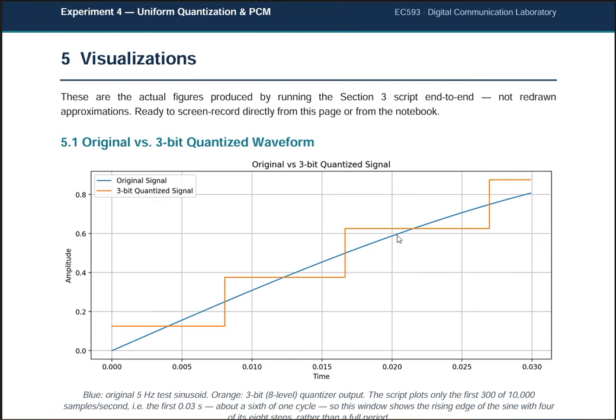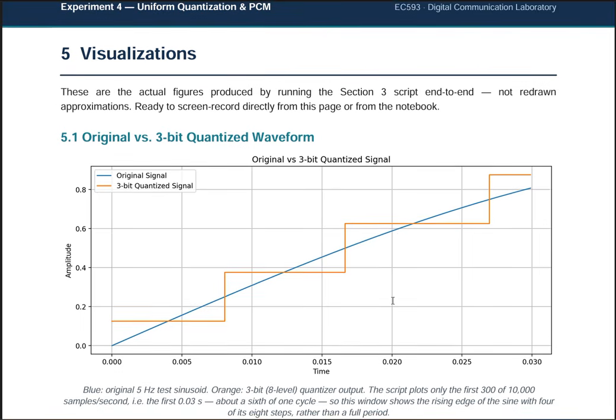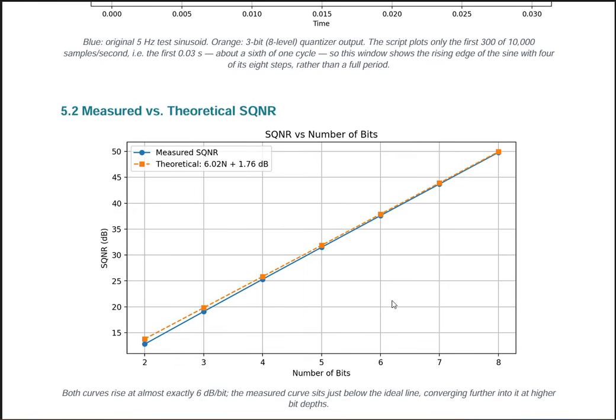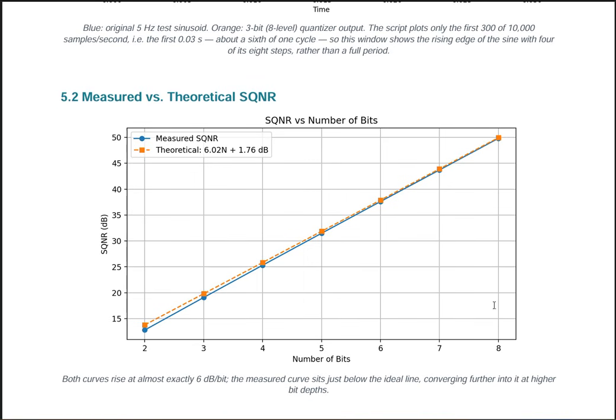The next graph is SQNR versus number of bits. Here both measured and theoretical curves are increasing almost together. The important observation is that the SQNR improves by 6 decibel for every additional bit.